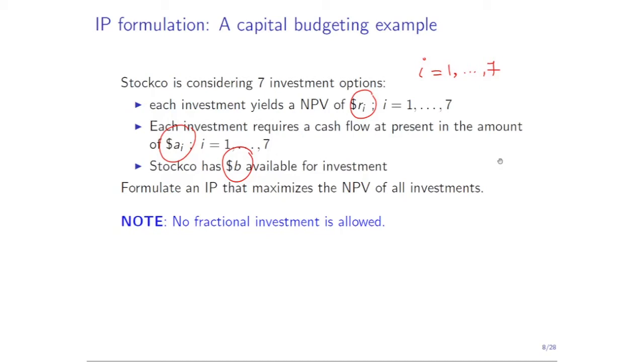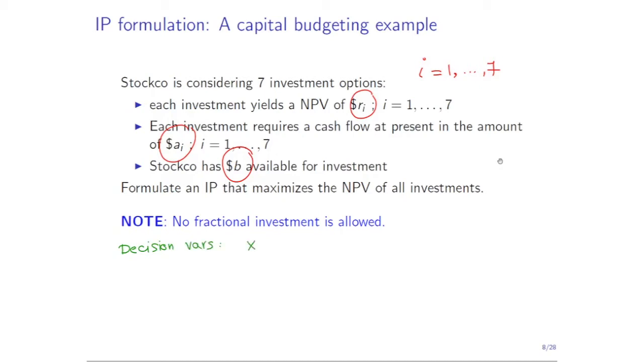Technically, we want to select, among these 7 projects, a set of projects that maximizes our revenue. Obviously, what I want to decide is whether I want to invest in project i or not. So let me define my variables like this.